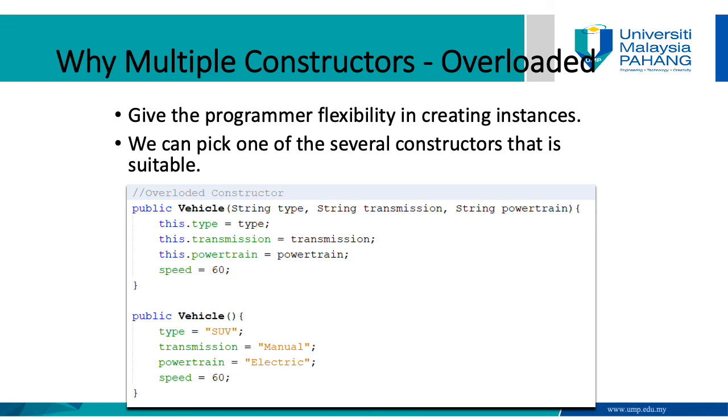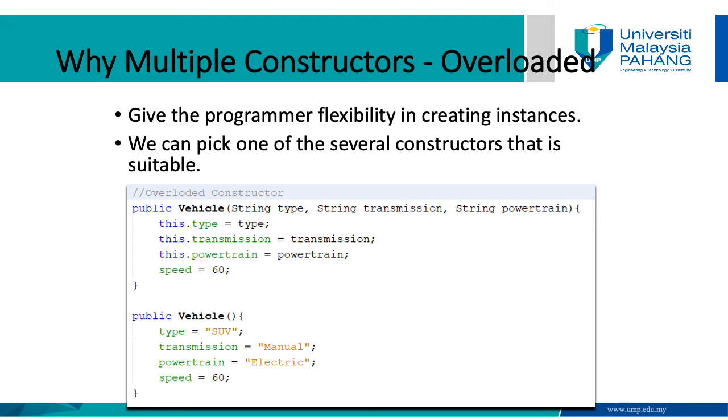So let's look at the example of an overloaded constructor. Here you can see public Vehicle, and then it has string transmission, string powertrain. Three different parameters with the same data type, which is string.